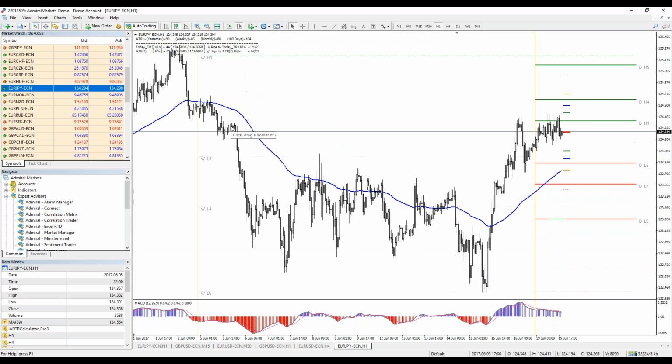Euro yen, and the question from Ilya: many people call GBP yen the dragon and also the beast. How is pound New Zealand called? I call pound yen the dragon, but when I started to trade, many traders called pound New Zealand the beast. So it remained the same.